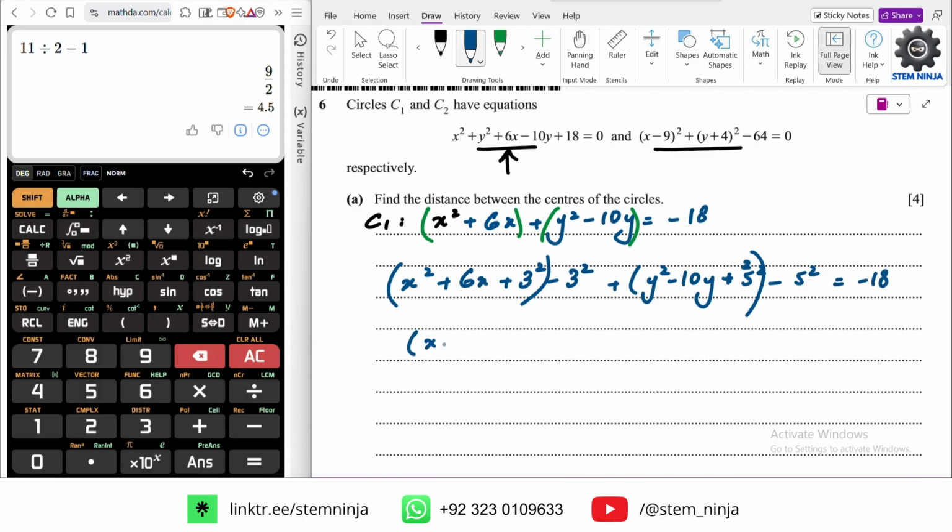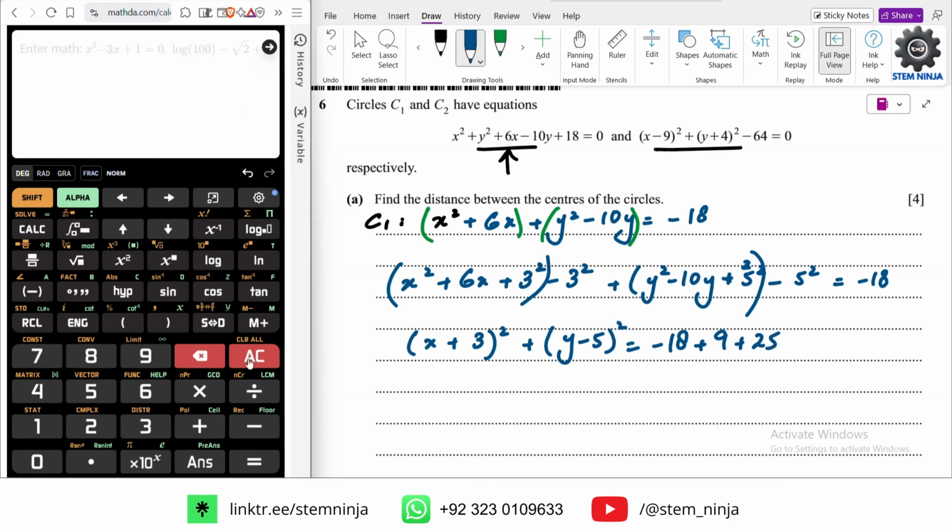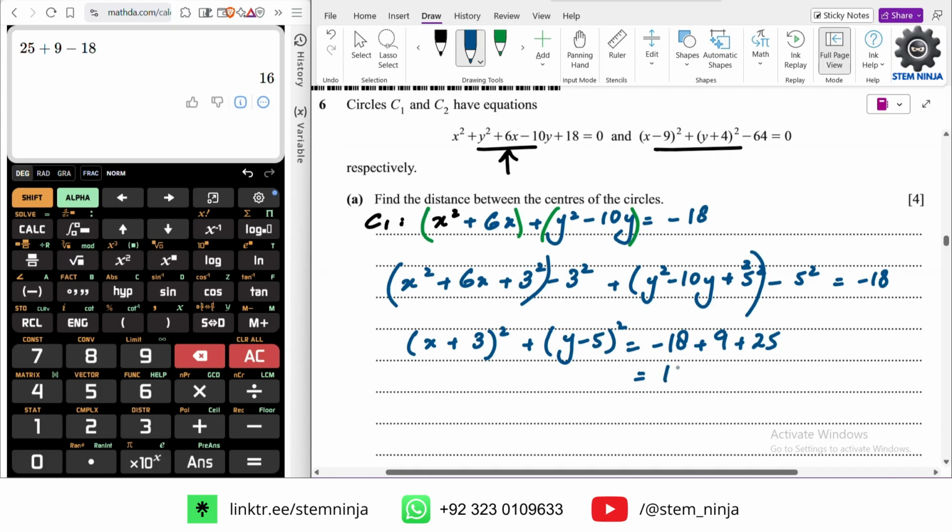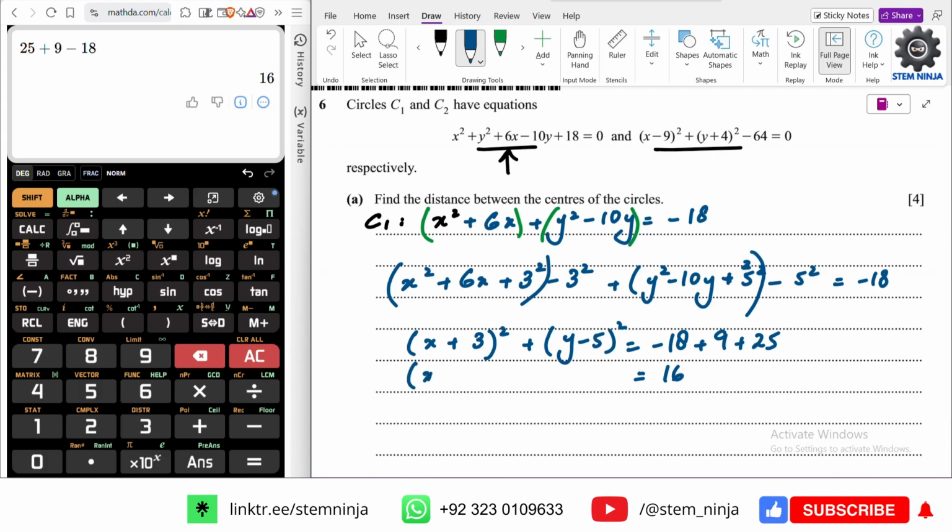So you have x plus 3 whole squared and y minus 5 whole squared, and minus 18 plus 9 plus 25. So 25 plus 9 minus 18 is 16. So you have C1 to be x plus 3 whole squared plus y minus 5 whole squared equals 16.